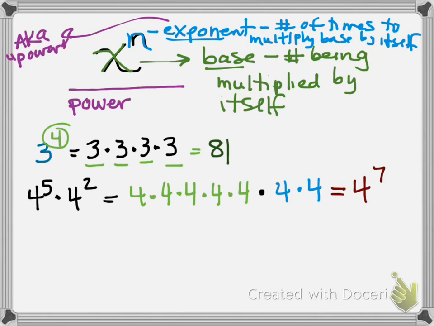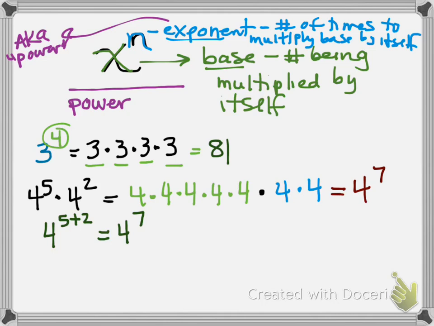What do you see? Yeah. So what it looks like is if I take my base and I add my exponents, I got my answer. And basically what we've just done is talk about the product of powers rule.